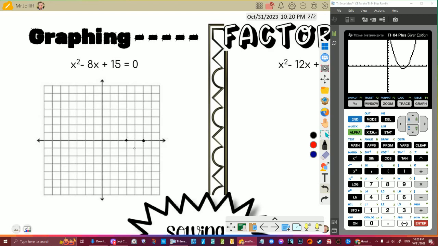And then we know that our vertex is here at x is 4, y is negative 1. And so we end up with a graph that looks kind of like this. Yours might look a little prettier. And then we're going to write our solutions. X equals 3 or x equals 5.